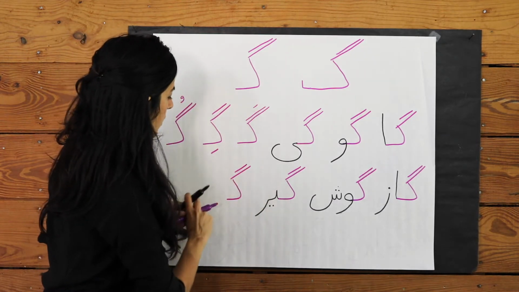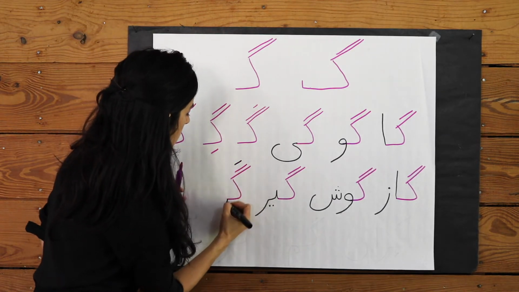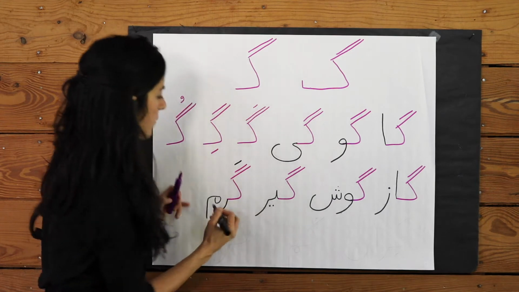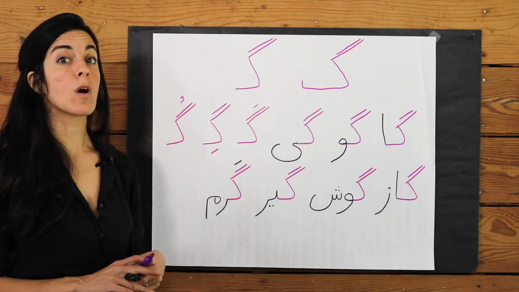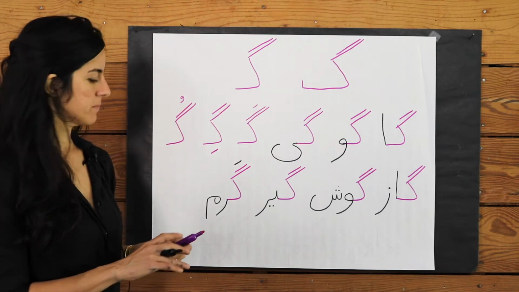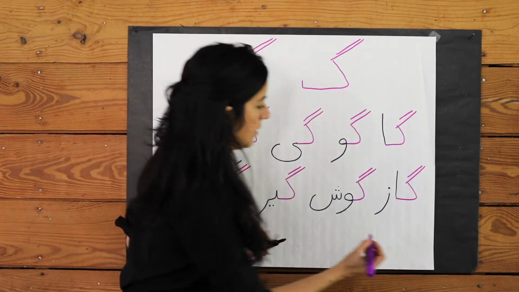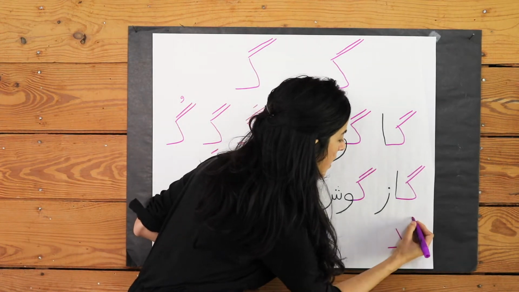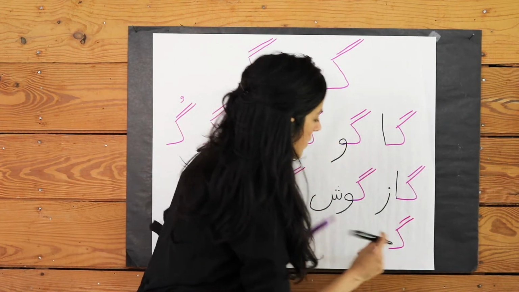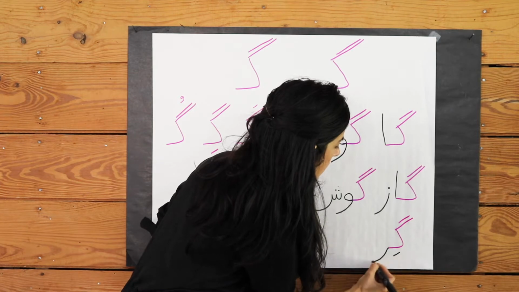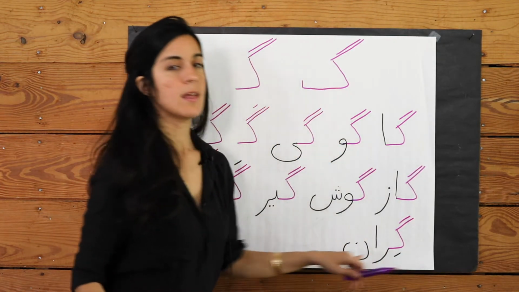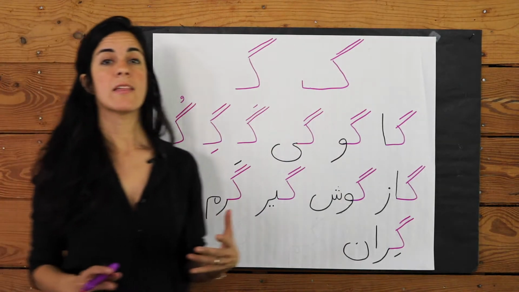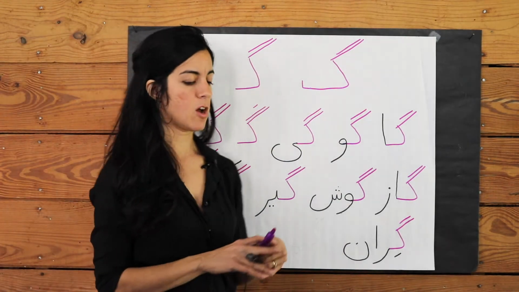Then let's see with our a accent. Garm, and that means warm, garm. Now let's see with our e accent. Geron, and that means expensive, geron.